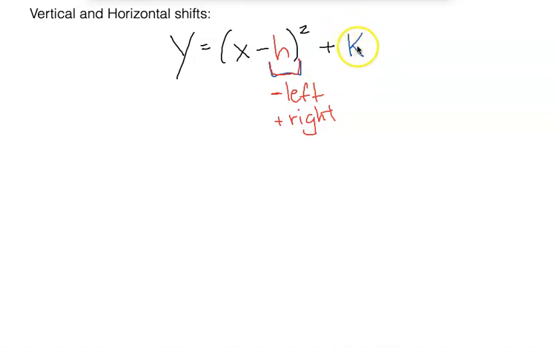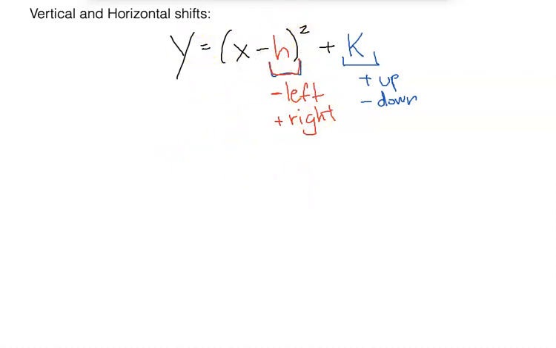And then plus k, so this k value is going to tell us if we're moving up or down. So if our k value says +1, we would move up 1. If it says -2, we would move down 2 units. The most confusing part would be the left and right horizontal movement.